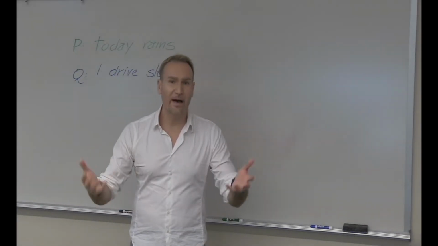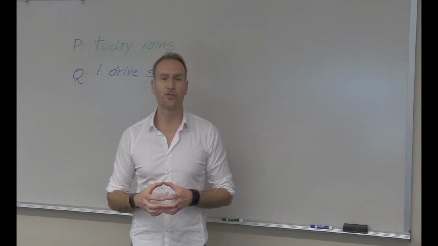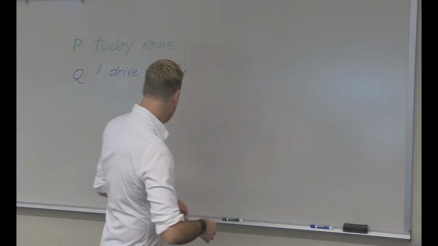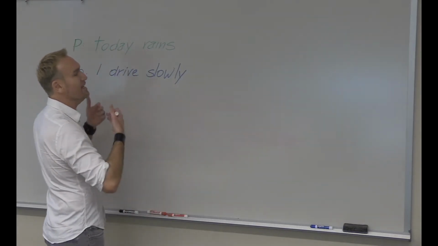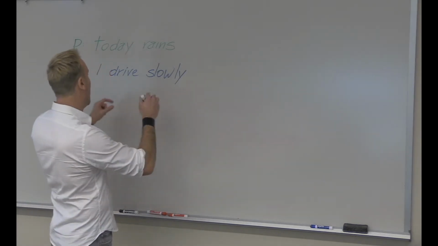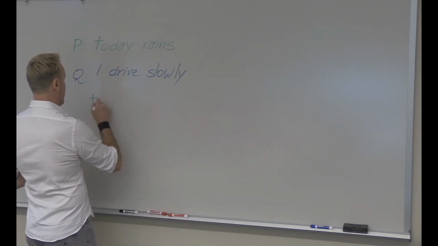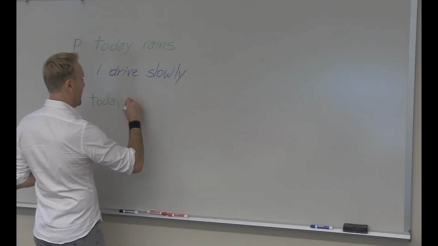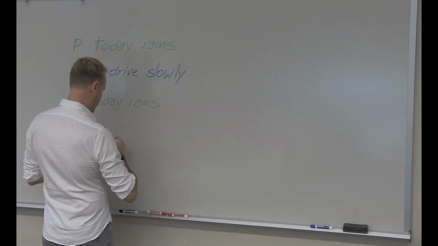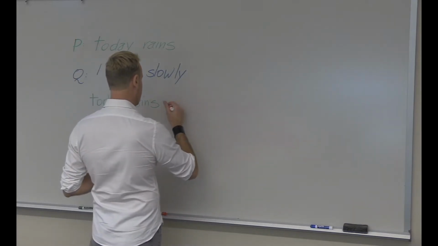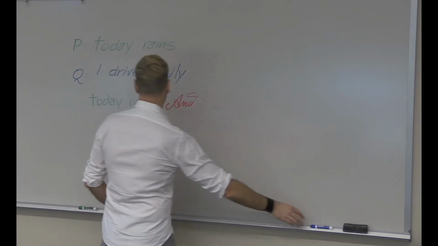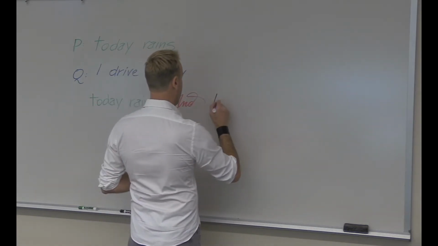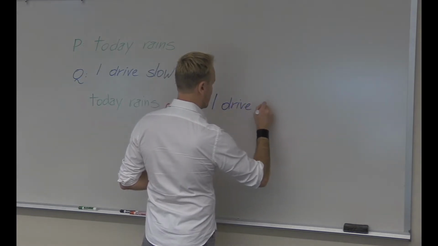So the first mathematical logical symbol that I want to present to you is the AND symbol. So if we sum up P and Q, we could say that today rains and I drive slowly will constitute this and. So, today rains and I drive slowly.